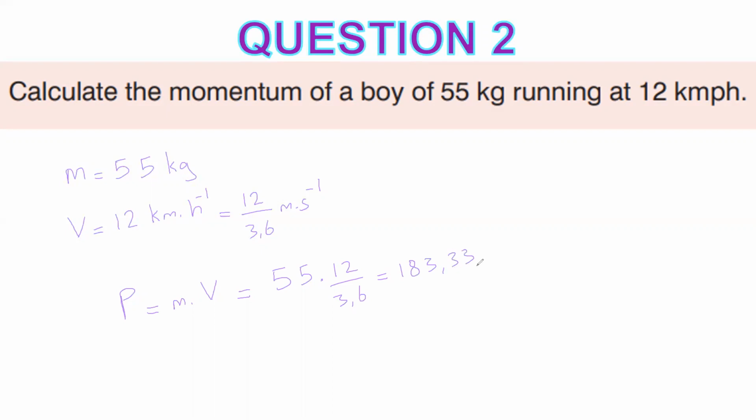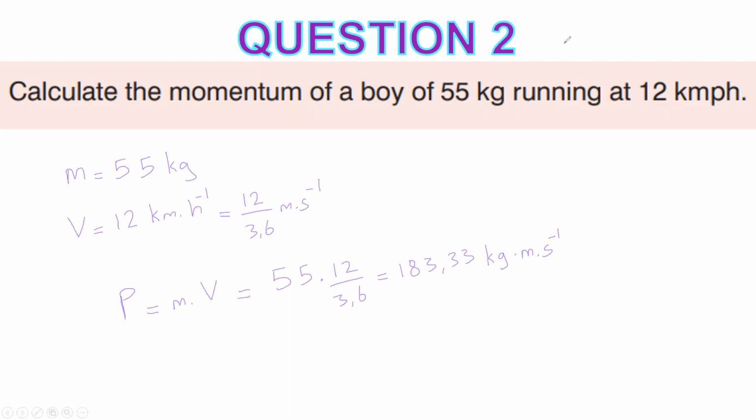Just carry on, but we can round it off to 3 digits. The unit is kg times meter per second. This is our answer for question 2.